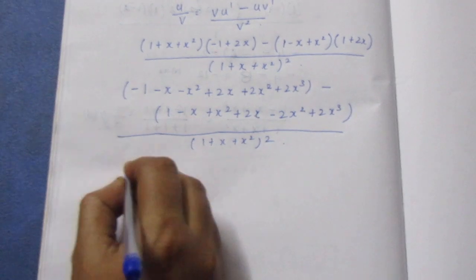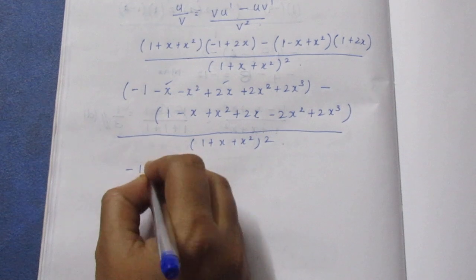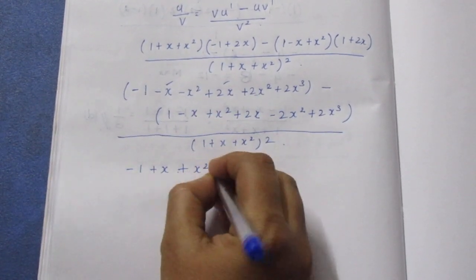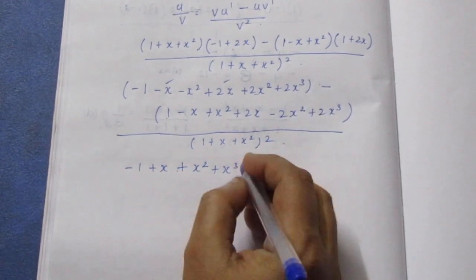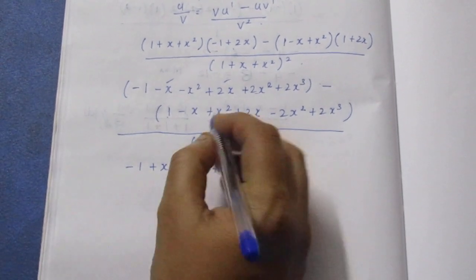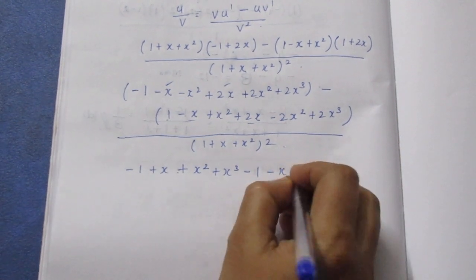Now minus 1, these two are like terms, so it becomes plus x. Here these two are like terms, plus x square plus x cube. Now minus 1 is there, so plus 1 is there. With this minus, it becomes minus 1. These two are like terms, so plus x, with the minus sign it becomes minus x.